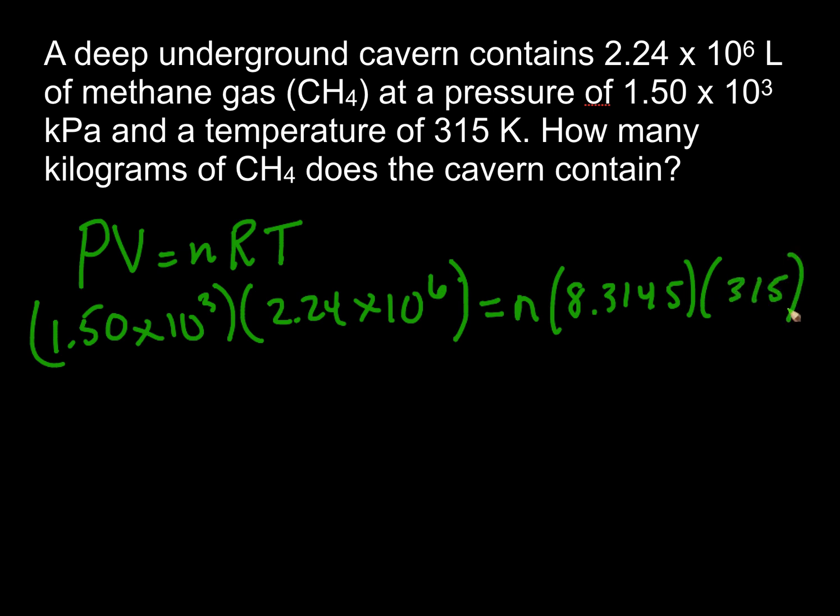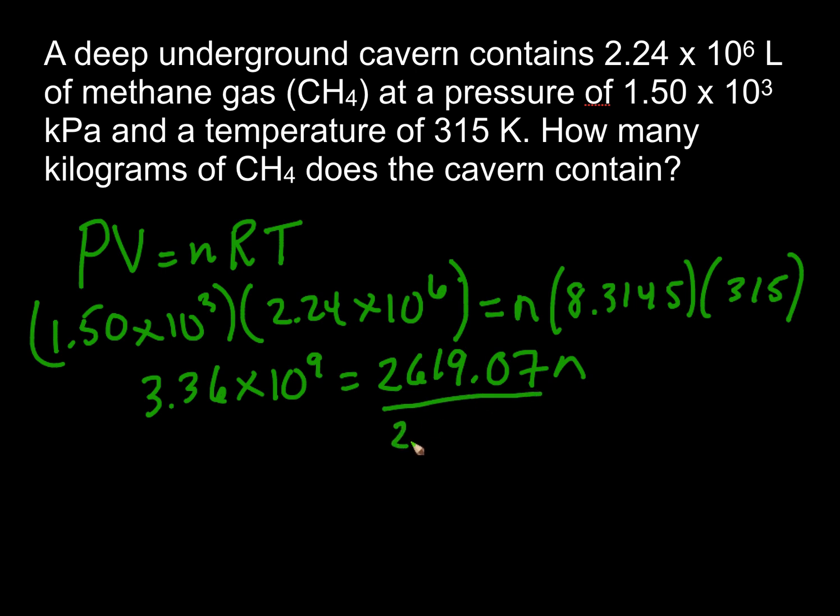So 1.5 times 10 to the third times 2.24 times 10 to the sixth, and we would get 3.36 times 10 to the ninth equals 8.3145 times 315. It'd be 2,619.07 n.